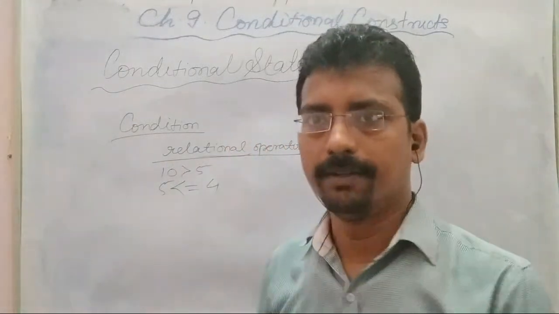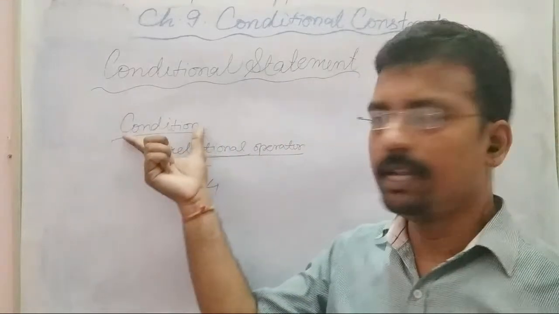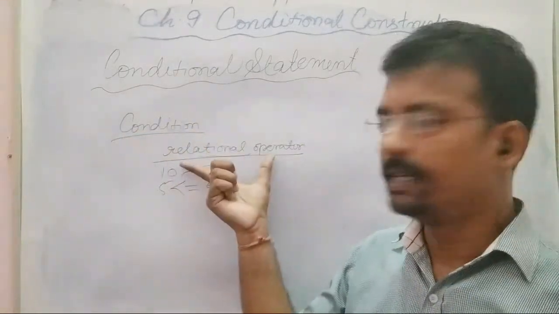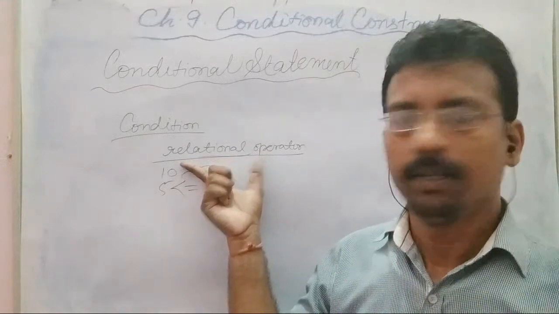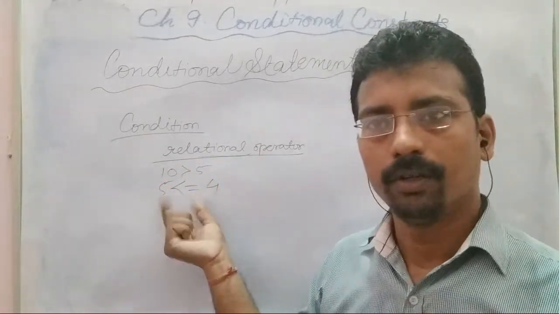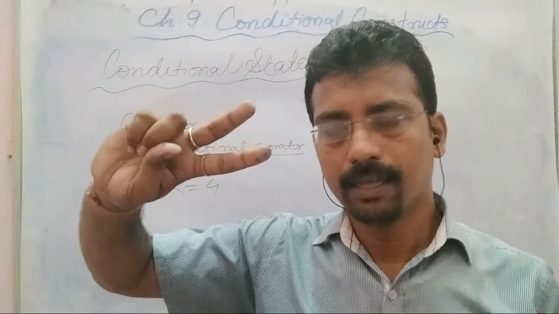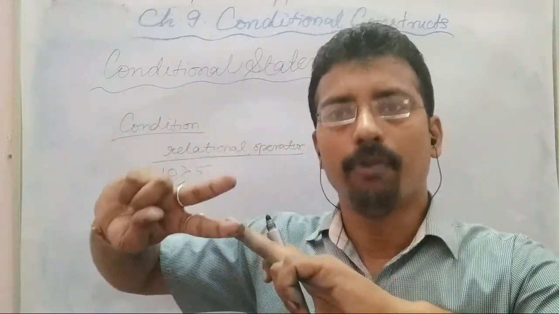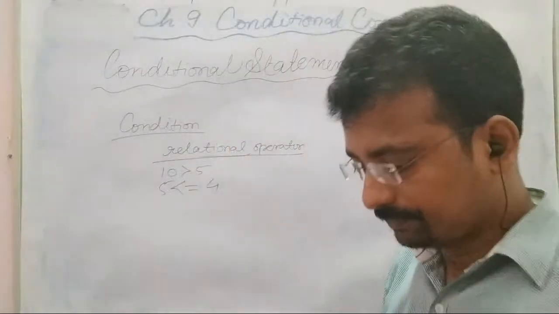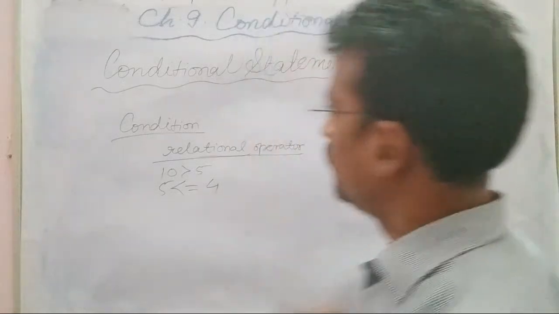We will proceed. To make a condition, you need a relational operator. This way we make a condition to generate two choices: one true and second false. Okay.